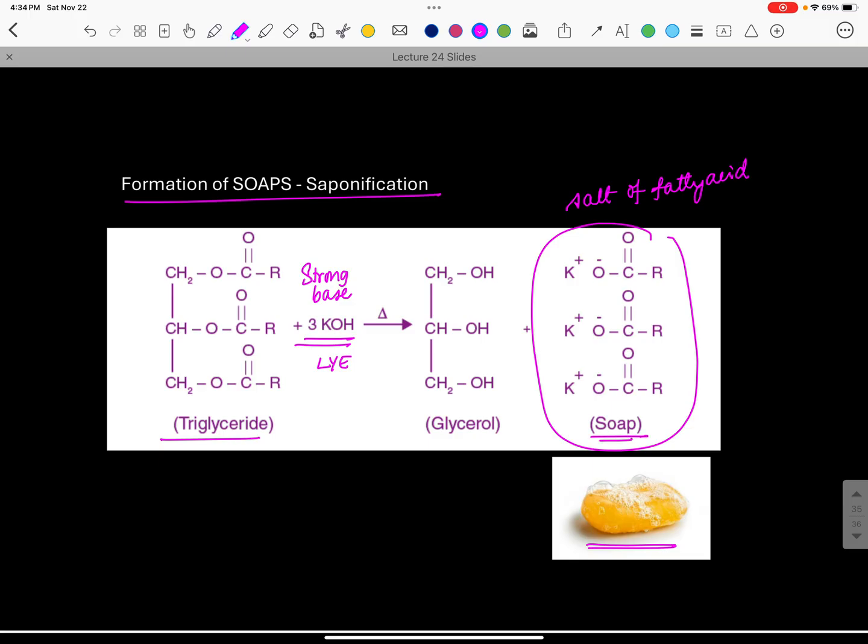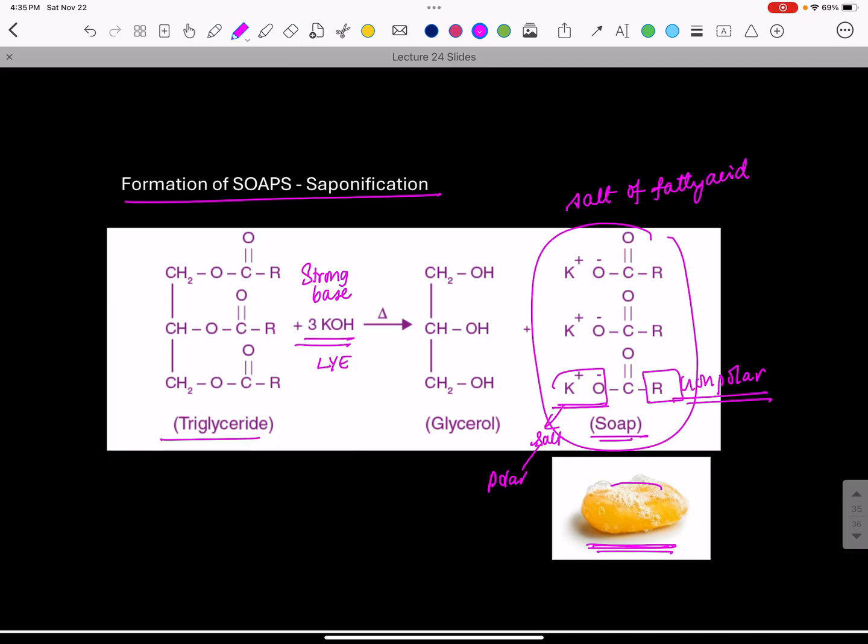And because of the fact that it has both polar and non-polar parts, the non-polar part is the R group, whereas the salt side, the salt of the carboxylate of the fatty acid here, is going to be the polar one. So the polar one will dissolve all water-soluble dirt, and the non-polar part will dissolve all the oily residues, whether it is in the clothes or in the dishes.